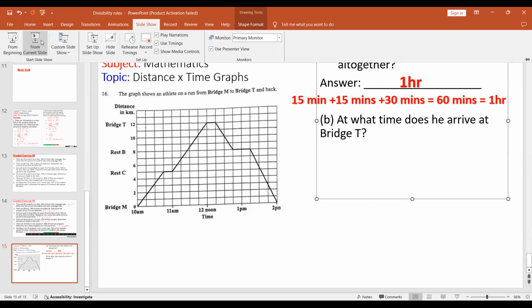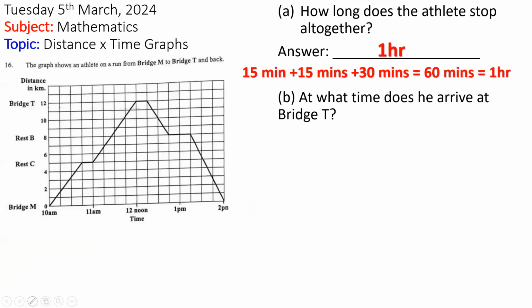Okay, so let's look at the graph again. Right here is where you arrive at Bridge T, right? So what time is that? This is Bridge T, 12 o'clock, and we go all the way straight down. What time? 12 o'clock.